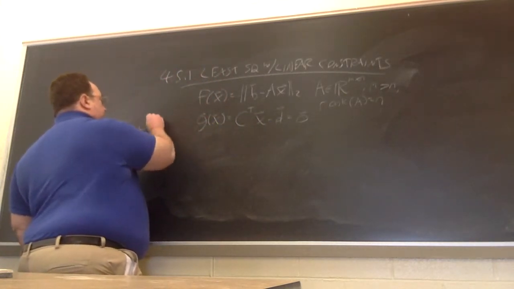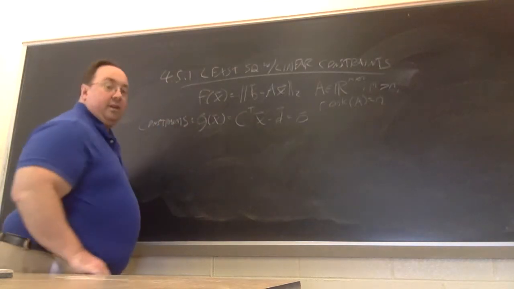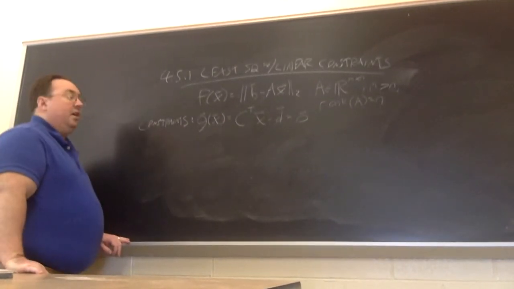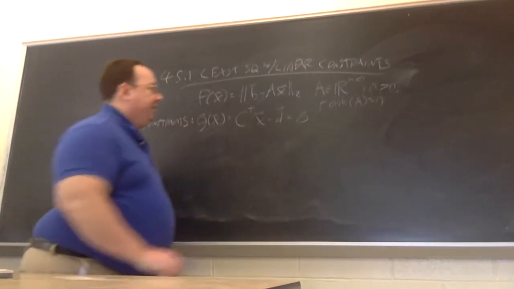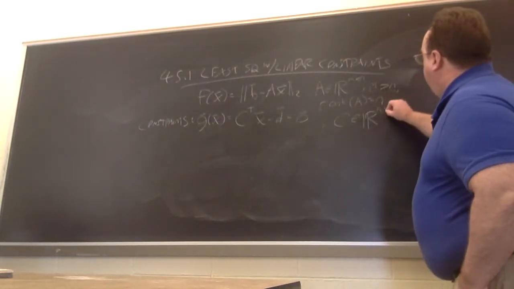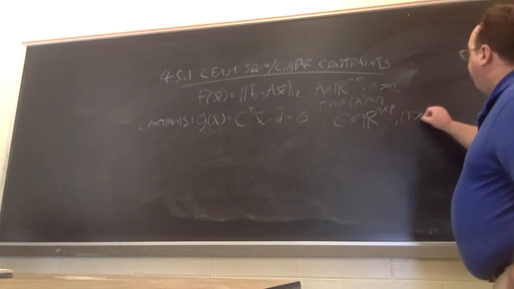So these are the constraints. The matrix C involved here is n by p. Again, n is greater than p.